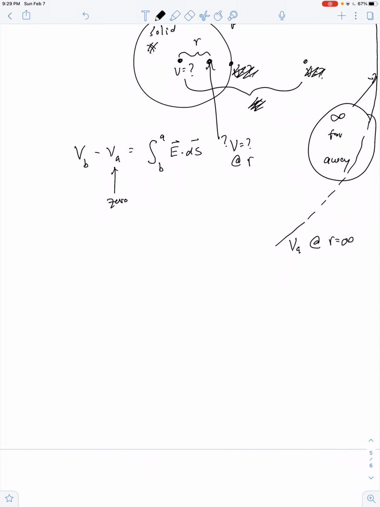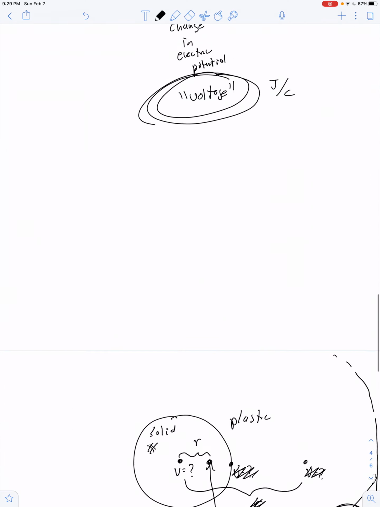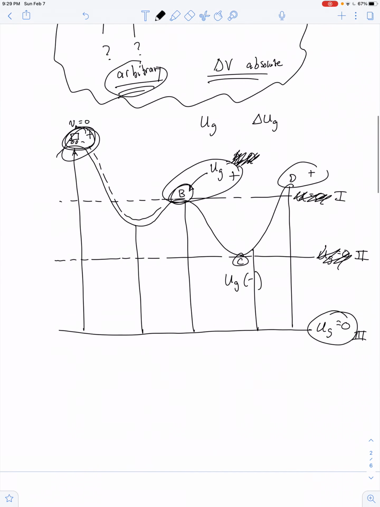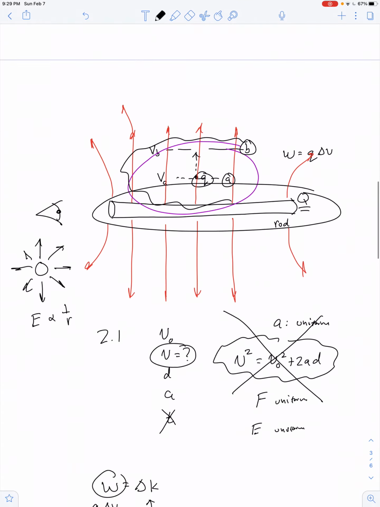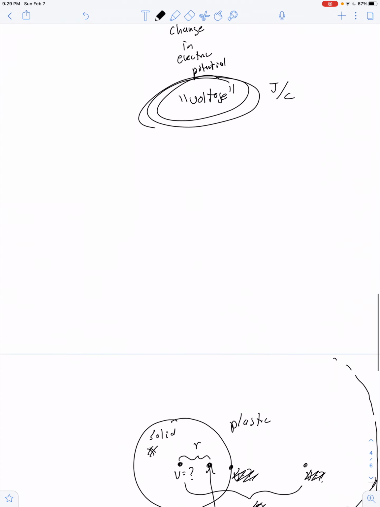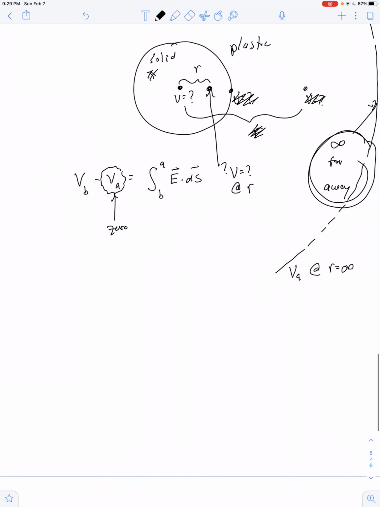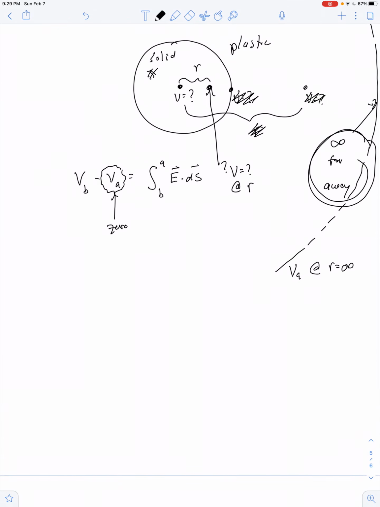So if I'm defining the electric potential to be 0 at a point infinitely far away, remember our conversation about the roller coaster, I can define gravitational potential energy to be 0 wherever I want. I can define electric potential to be 0 wherever I want, and I want to set it equal to 0 at a point infinitely far away.